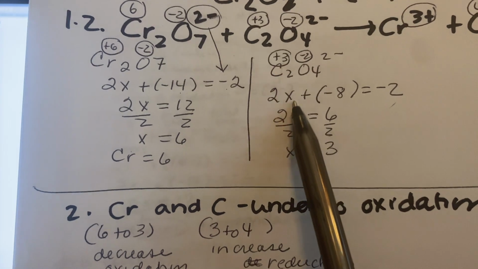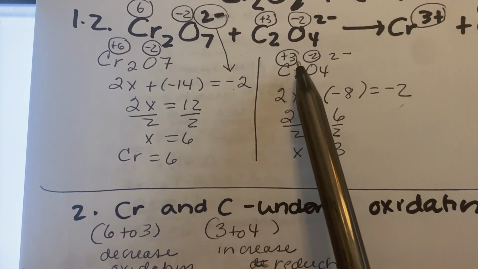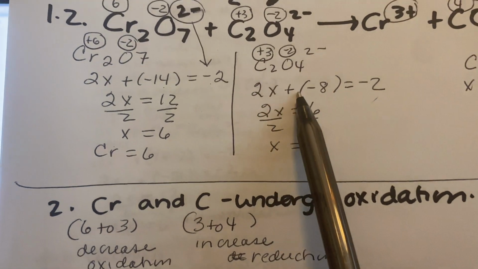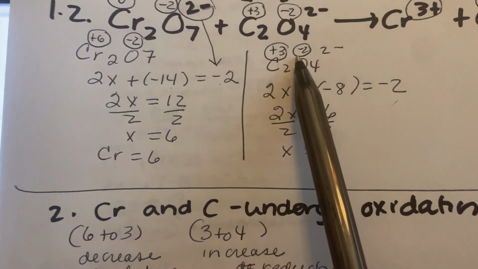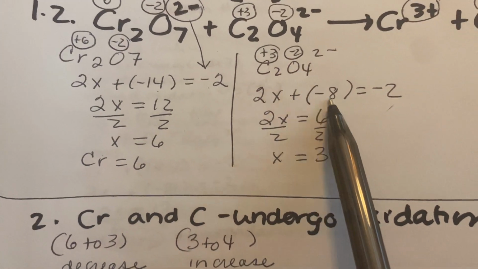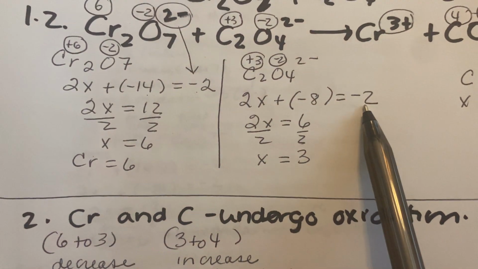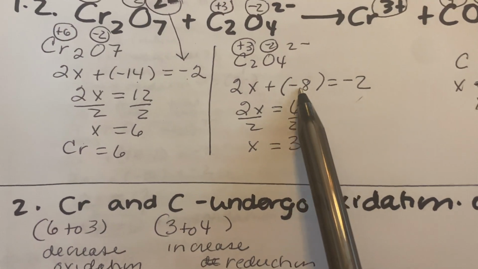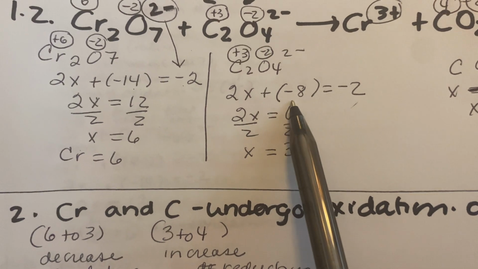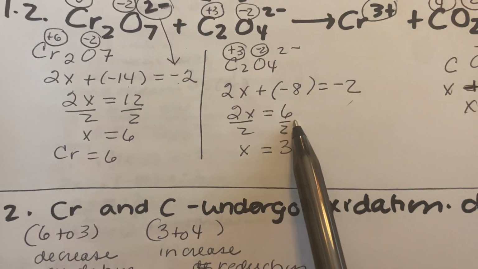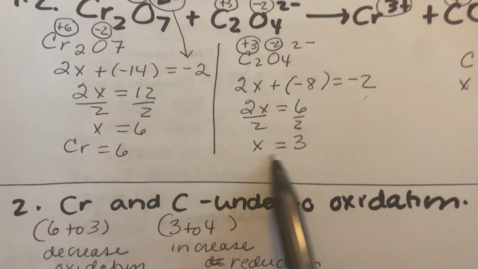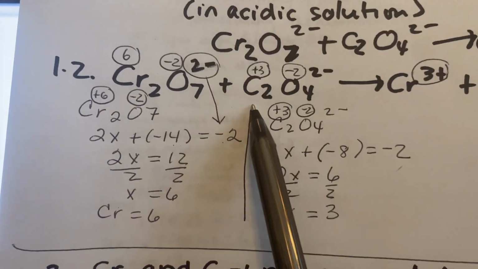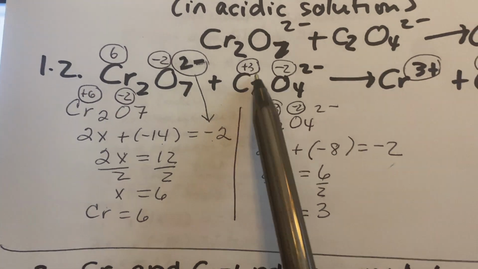So we put x as carbon, so there are 2 carbons, 2x plus negative 8, because negative 2 times 4 equals negative 8, equals negative 2. Add 8 to the negative 2 and you get 6. So 6 divided by 2 is 3. So you now know the carbon number is 3.